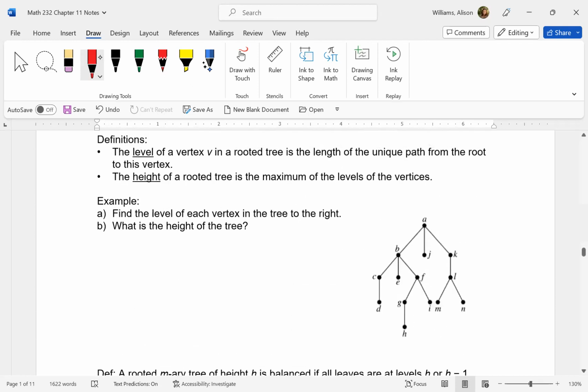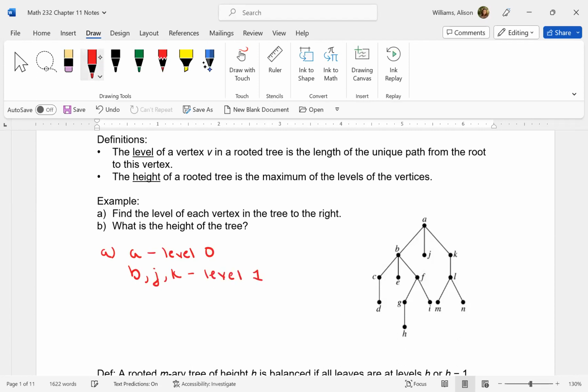It's actually pretty straightforward. So A, the first vertex, would be what we call level 0. B, J, and K would all be called level 1.